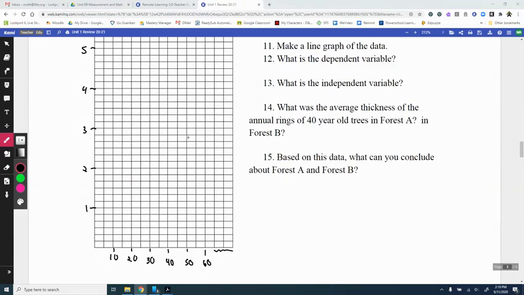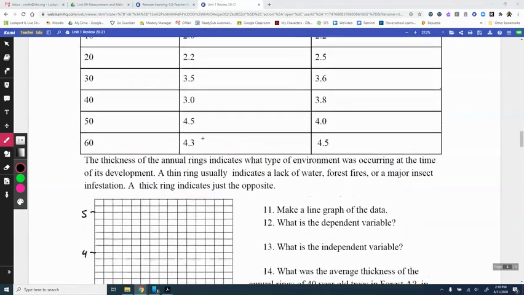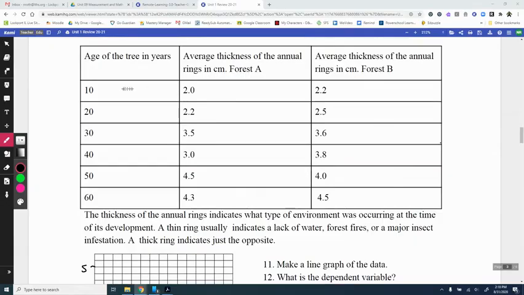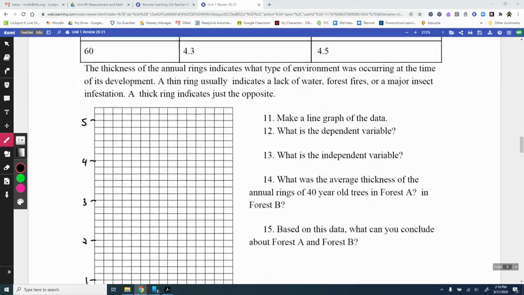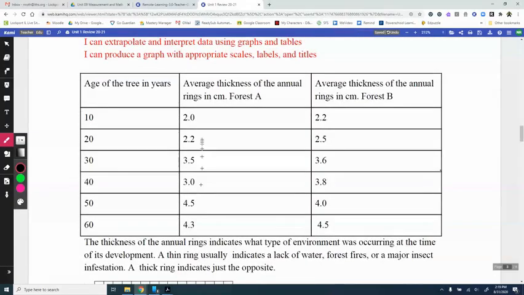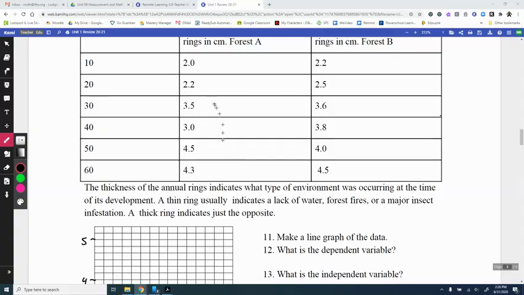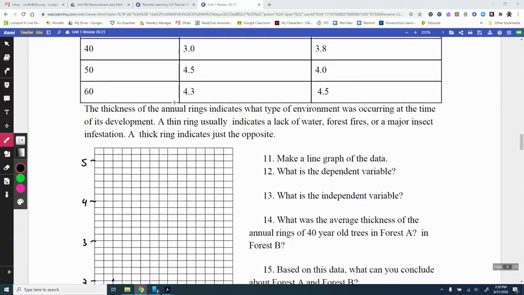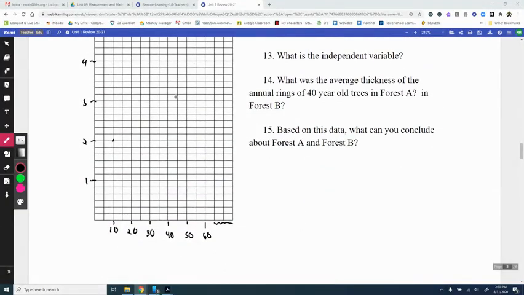Okay, so next, we're going to start plotting our line. So the first one, at 10 years, we have 2.0 centimeters. So there's 10 years, and there is 2.0 centimeters. Next, we have 2.2, and that's at 20 years. So we'll go down to 20, 2.2, right about there.